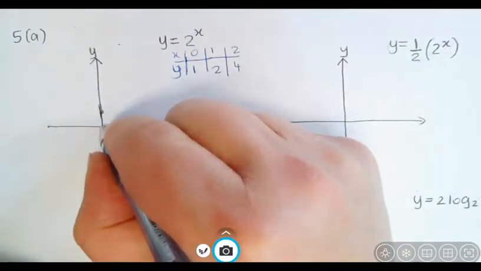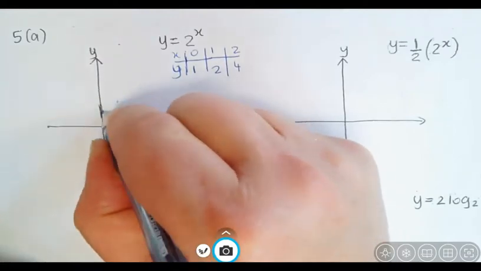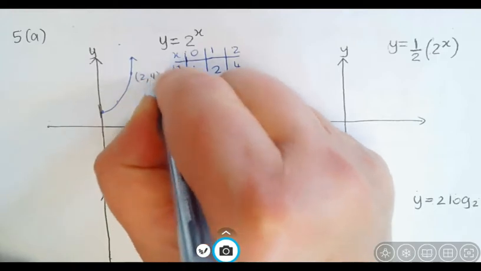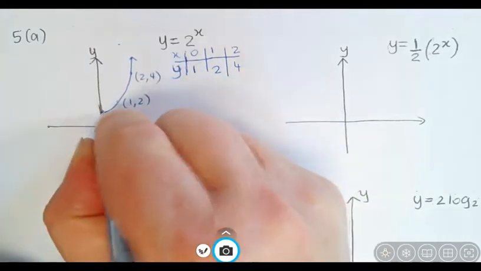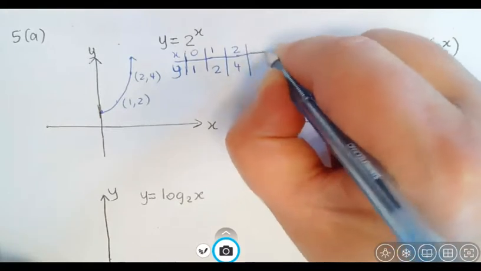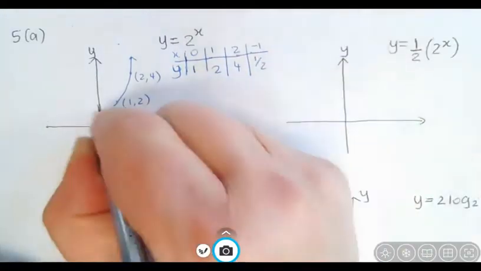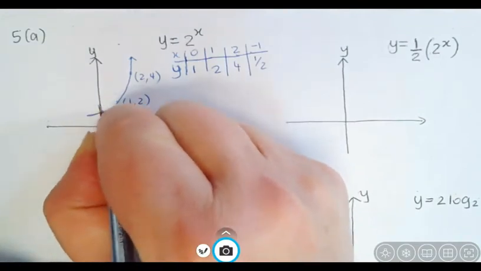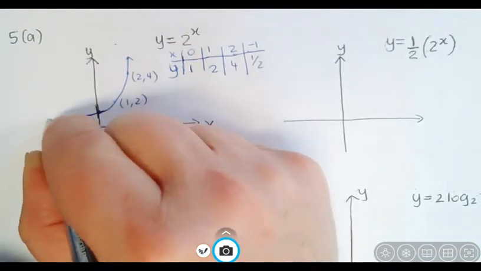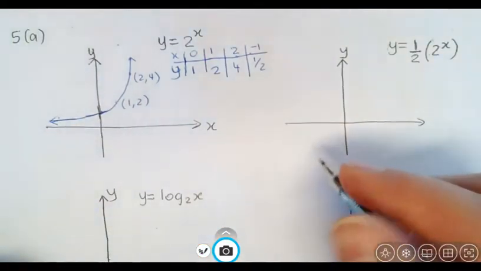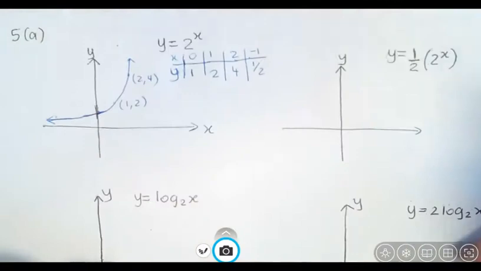So we've got 0, 1, 1, 2, and 2, 4. And also, say when x is -1, we get 2 to the power of -1, which is 1/2. So just over here, going down there, and remembering that the negative x-axis here is an asymptote.